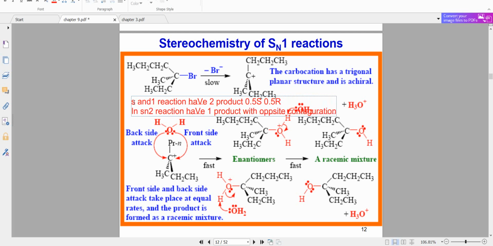In your exam, we will not tell you which reaction is SN1 and which reaction is SN2. You have to make a decision. SN1, two products. SN2, one product.